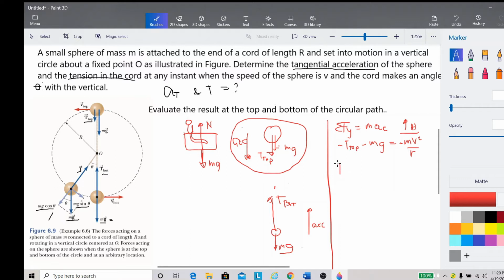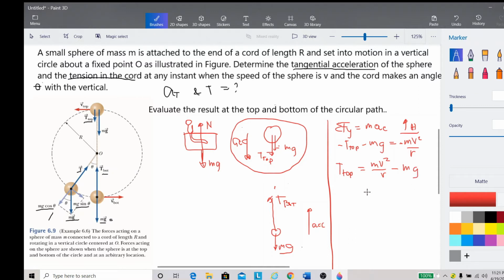We have T top that is now positive is equal to, we transpose this to the other side of the equation. So this is positive na, no? Positive. We will transpose that, it will become negative. And this is negative, it will become positive because we are multiplying everything by negative 1. This will be mv squared all over r. And this positive mg will become negative mg.